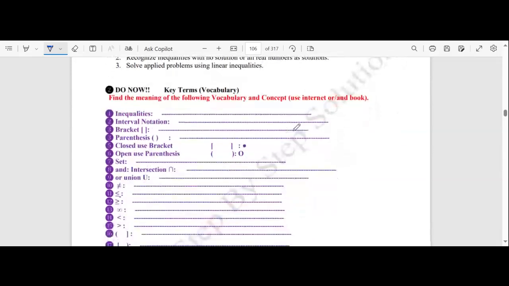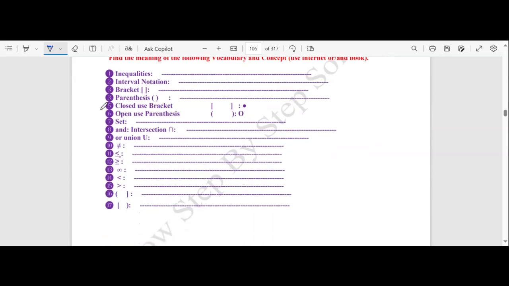For this lesson, you have some key terms here, vocabulary. Find the meaning using the internet or use a book, okay? For example, inequality. What is inequality? It's symbols, right?